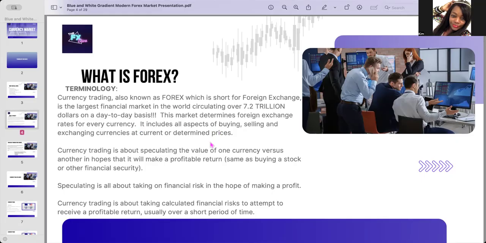This market determines the foreign exchange rates for every currency. It includes all aspects of buying, selling, and exchanging currencies at current and determined prices. Currency trading is about speculating on the value of one currency against another, with the hopes of making a profit in return. I'm going to dive into that in just a few.